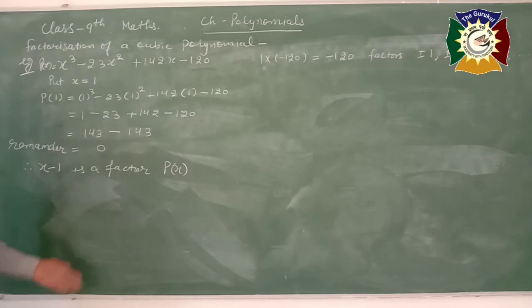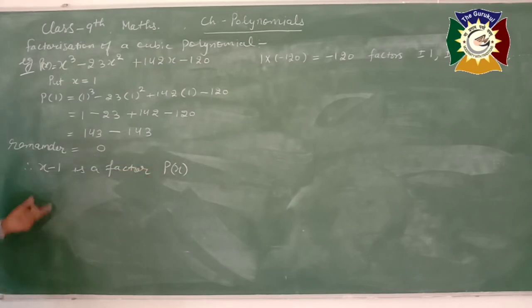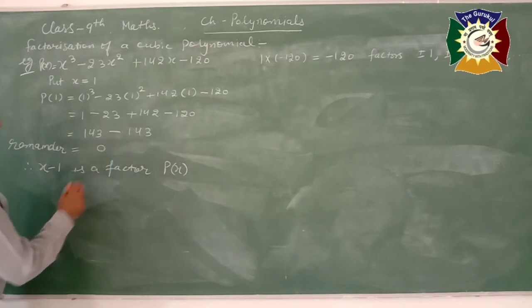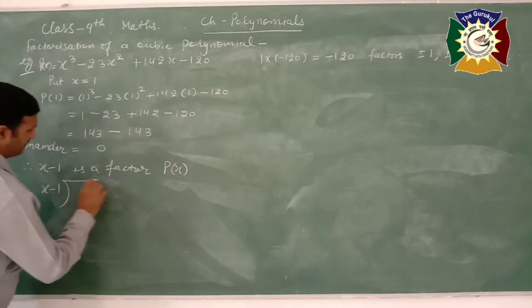So x minus 1 is a factor of this polynomial. And if this is a factor, then on actually dividing the given polynomial by this factor, we will get the remainder 0. So let us divide the given polynomial by x minus 1.